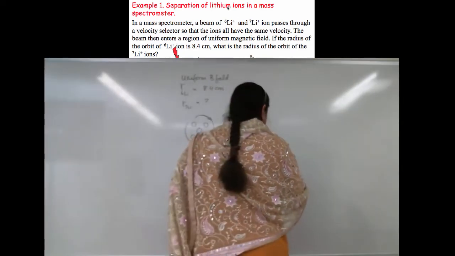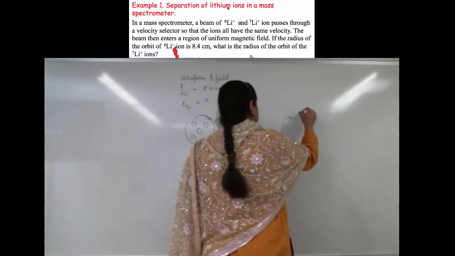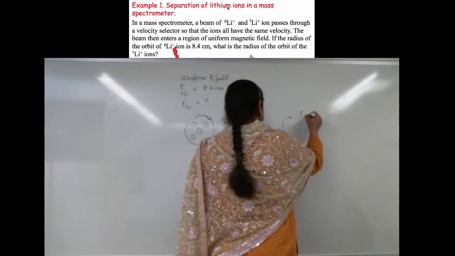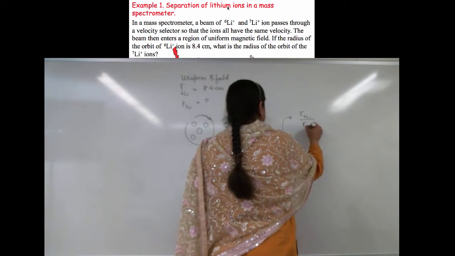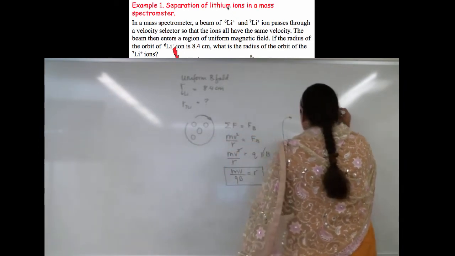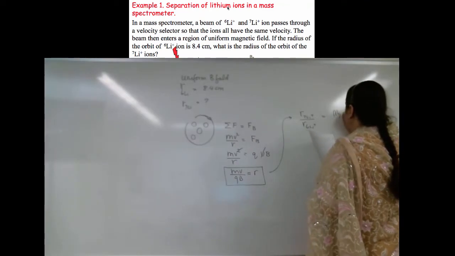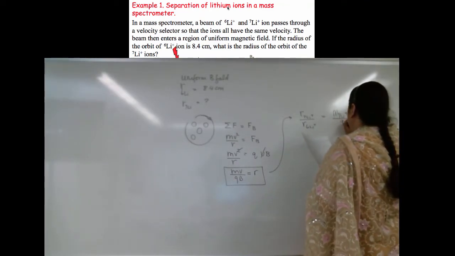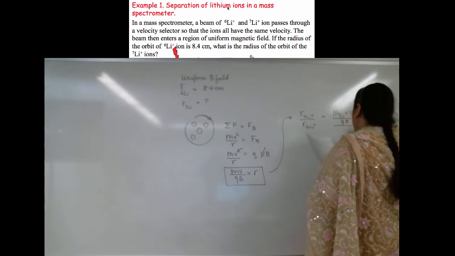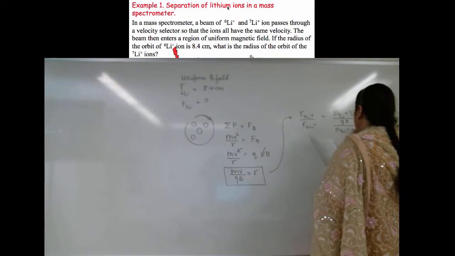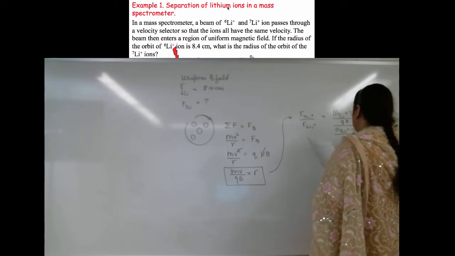So what I'm going to do is say the radius of lithium-7 divided by the radius of lithium-6 will be mass of lithium-7 times v divided by qB, over mass of lithium-6 times v divided by qB.